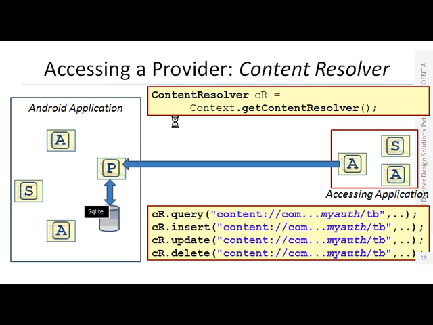So how will you get access to this data? By using a content resolver. Alright, so the content provider is already implemented by the phone book application. But those applications who want to get access to this phone book data must implement a content resolver.